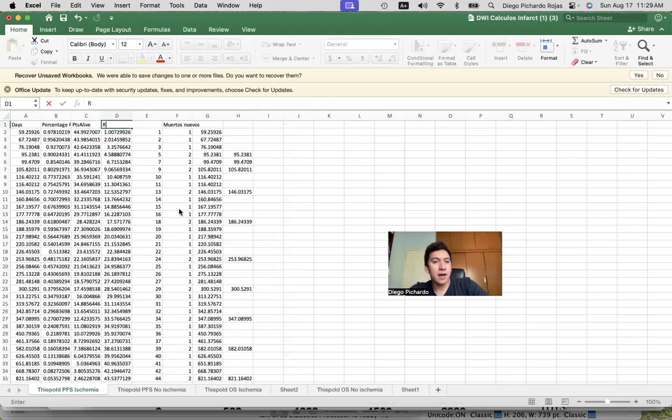This is a number of patients dead. And this is the new deads, because remember that we need to know that two patients died, one patient died, two patients died, and this is individual days.